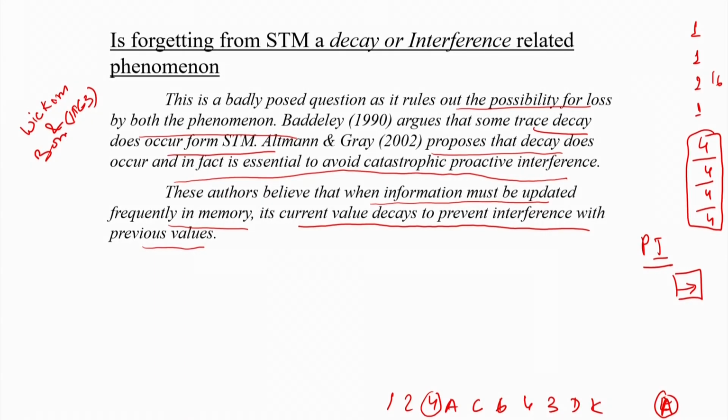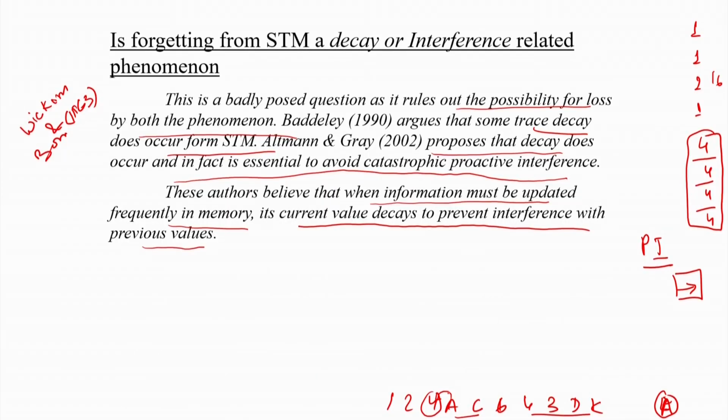The reason given was release from proactive interference, which means that items were switched. Some items were letters and some items were numbers. In this case, the proactive interferences were less, and so in those cases where you had to remember a digit after a letter, the interferences were less.